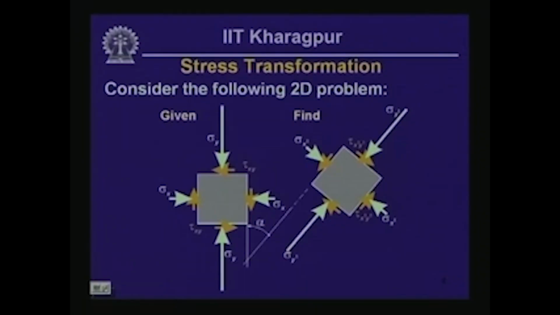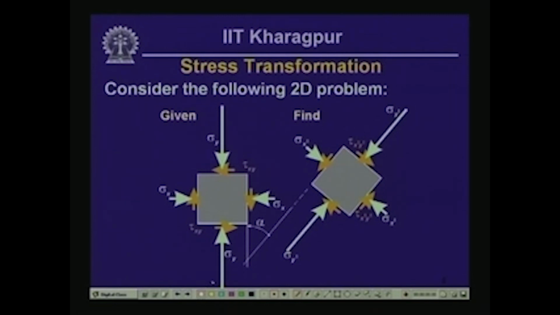If we have a transformed coordinate system x prime y prime, we want to be able to calculate the stresses occurring on that particular plane element. So, graphically stated, what we know in this case is sigma x, sigma y and tau x y. All these things here are known.